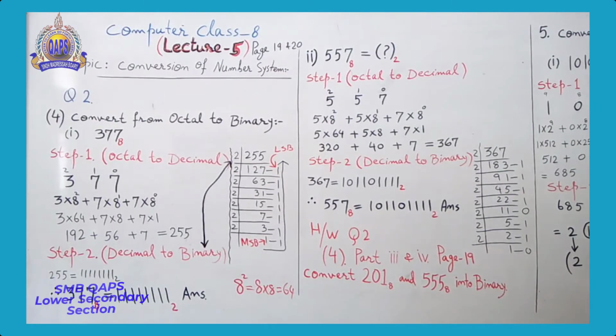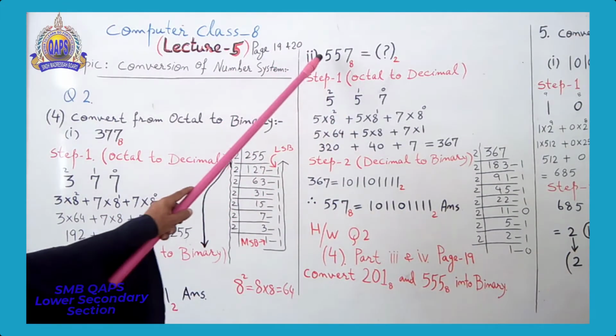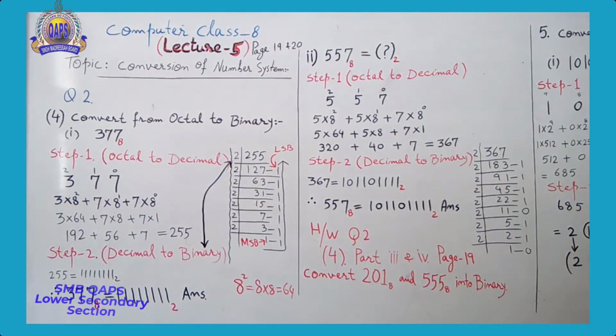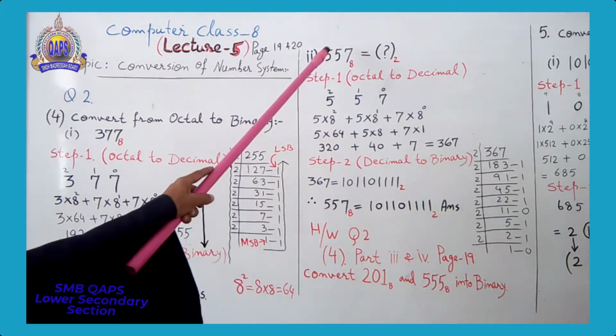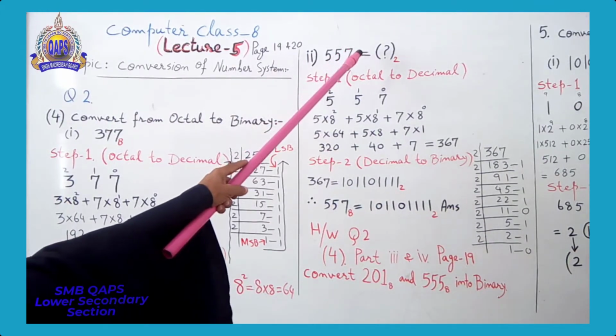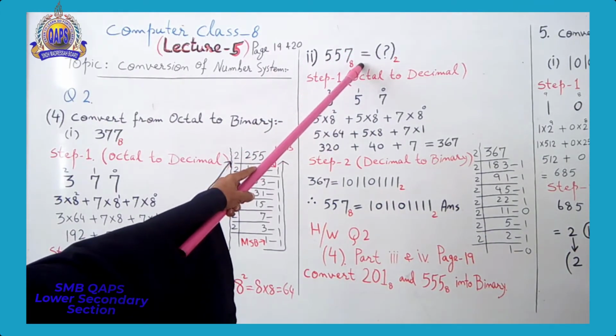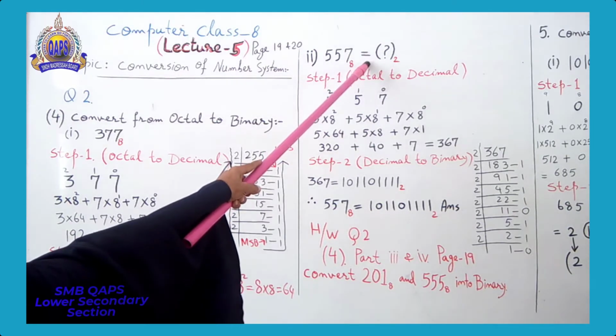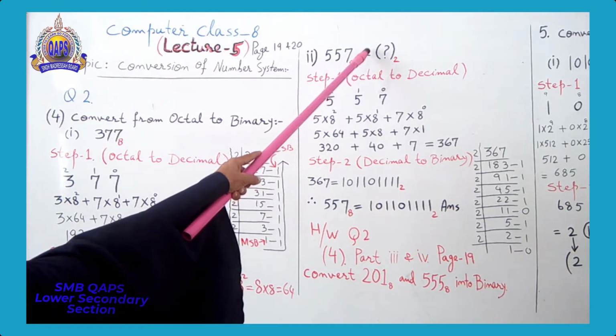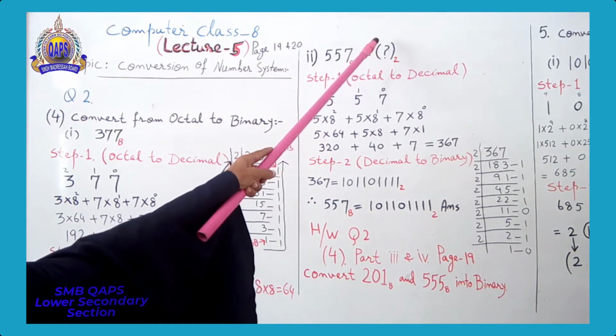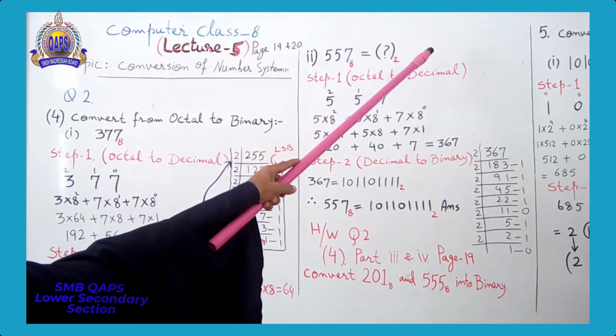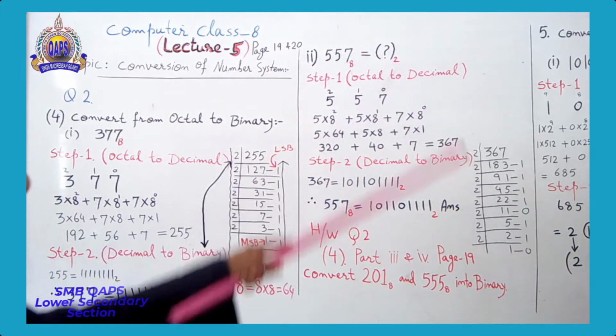Next question. Same way. What is the question? 5, 5, 7 octal is equal to question mark. What will be its binary number?